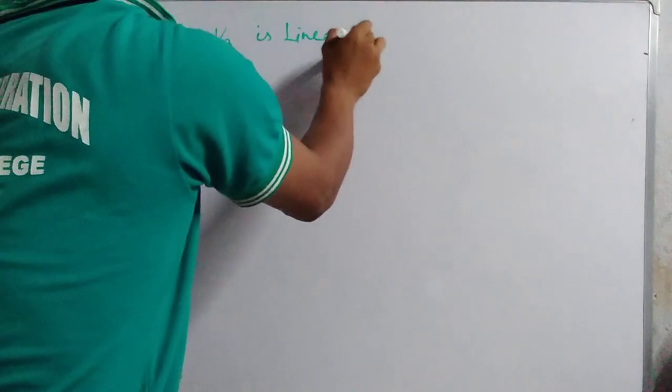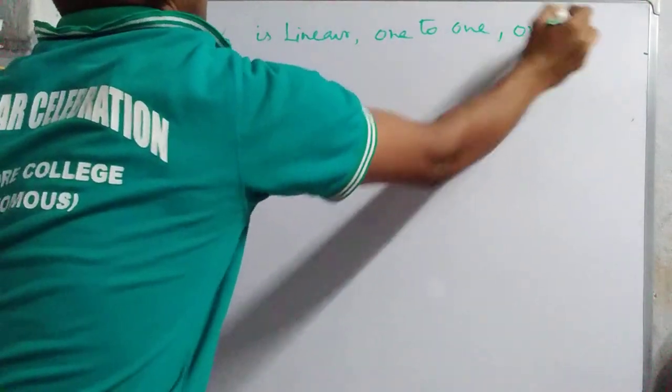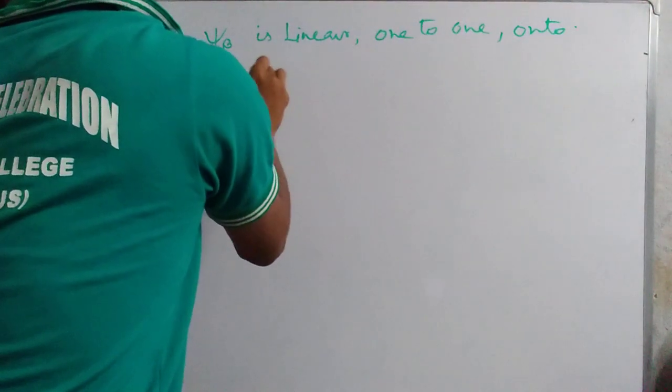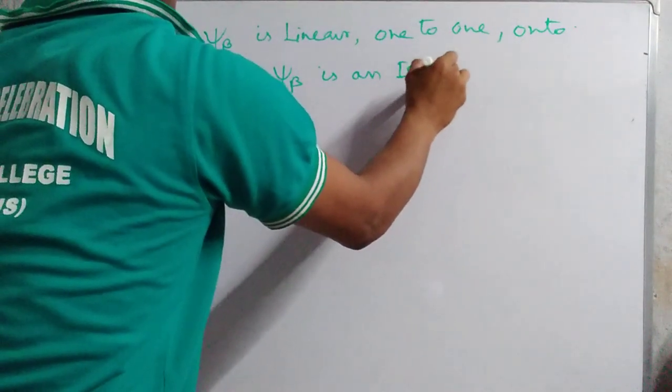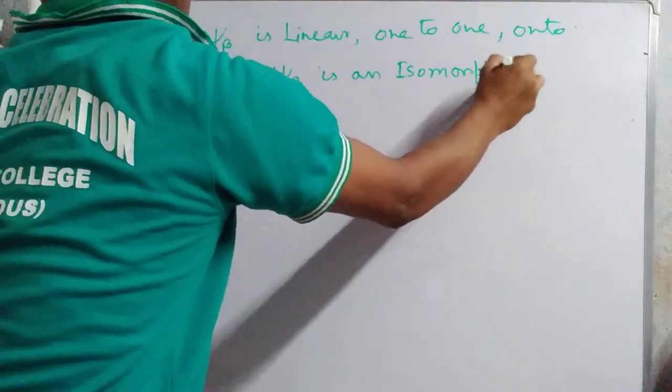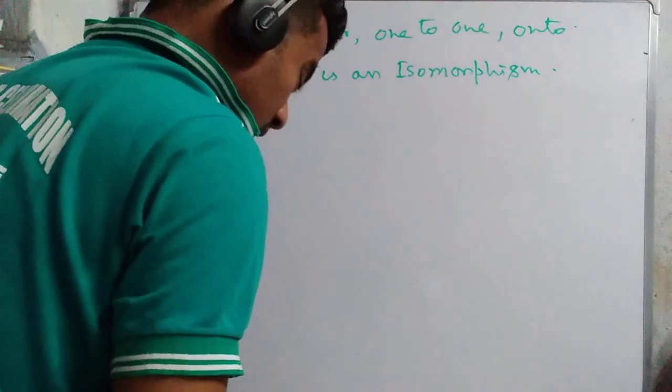That means psi beta is linear, one to one and onto, hence psi beta is an isomorphism. Okay, now we discuss one corollary here.